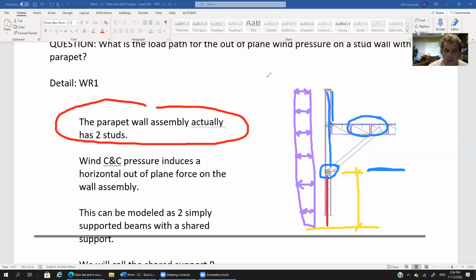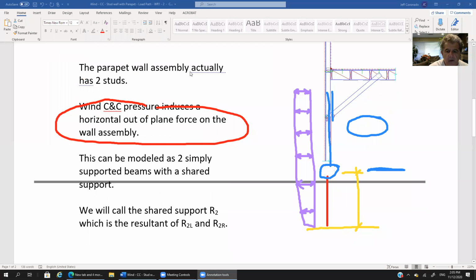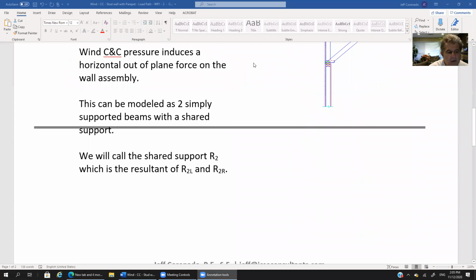Let me scroll down here a little bit. So for the full height stud, let's model the full height stud as a simply supported beam.